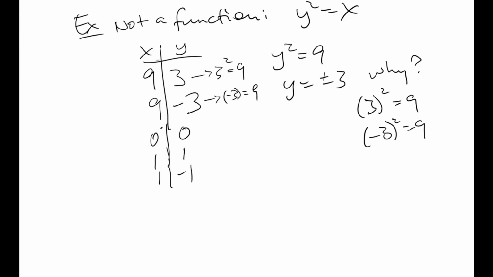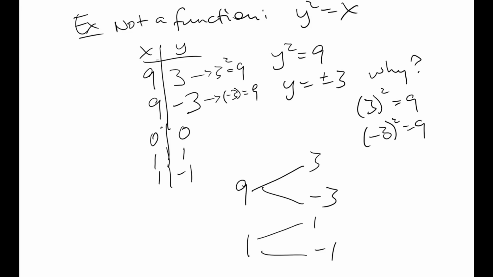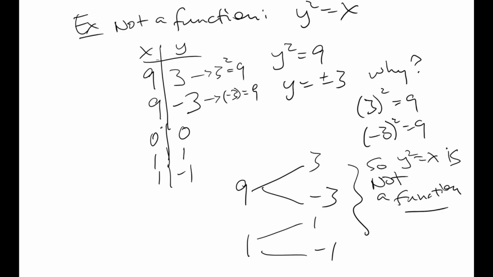So the problem here is that you have 9 going to both 3 and negative 3, and that's bad. We have 1 going to both 1 and negative 1, and that's bad. It's not bad, it's just that it means that it's not a function. So y squared equals x is not a function. It's still a relation though, okay?